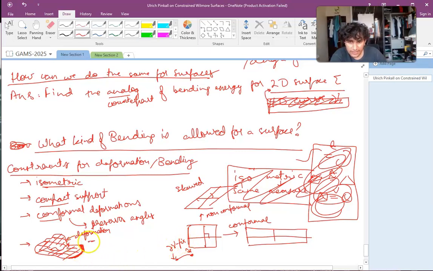Similarly, if this is my surface sigma, then I want delta of sigma to be fixed. So I want everything around here to be unchanged as a result of my deformation. So if this changes my deformation, then this is not elastic.